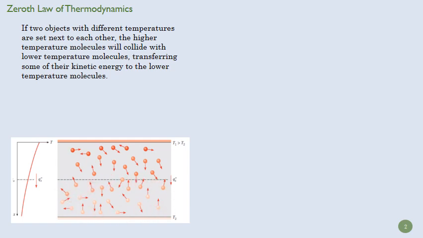Well, what would happen is that the faster jostling up here would create collisions with the molecules on the bottom. And when you have a high energy molecule colliding with a low energy molecule, the tendency is for the energy, that kinetic energy, to be transferred from the high energy molecule to the low energy molecule, right?